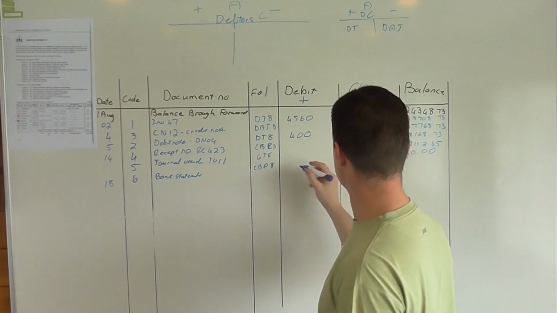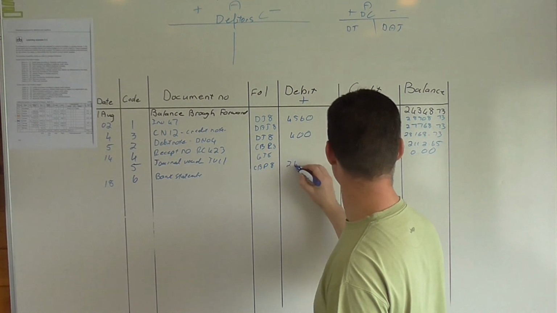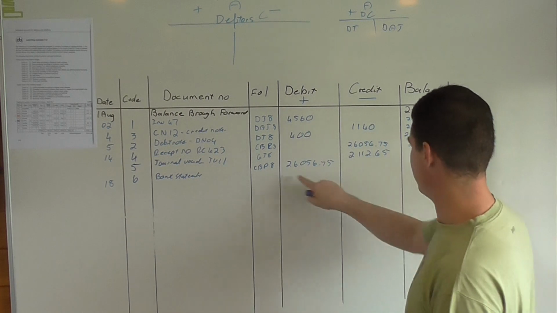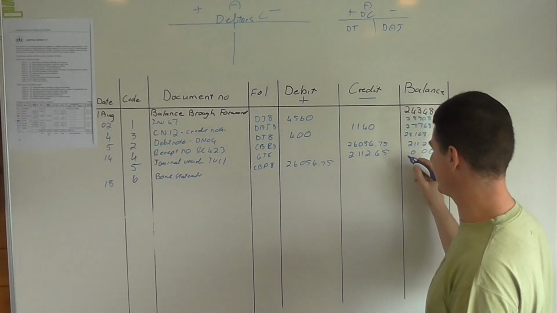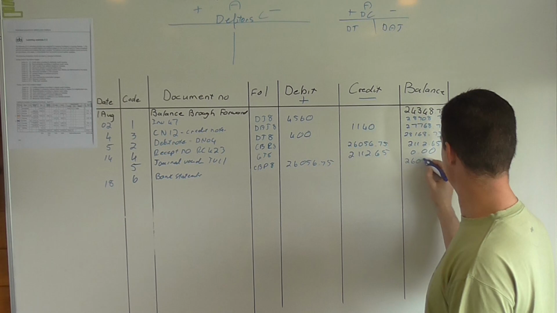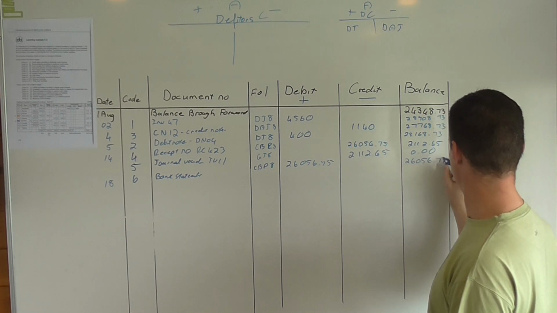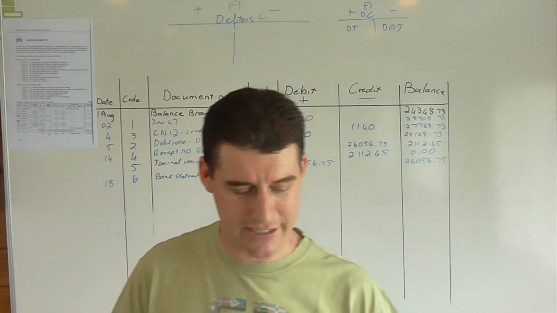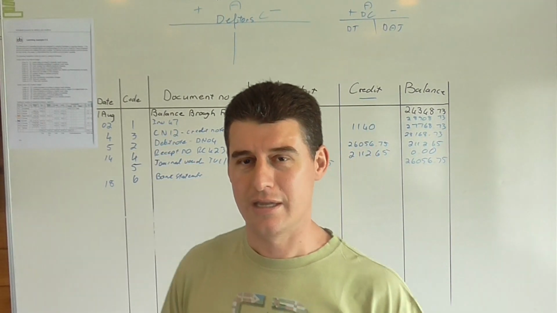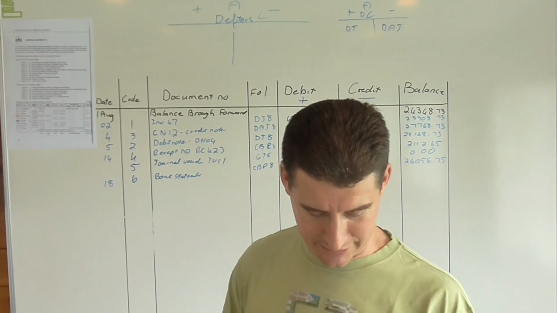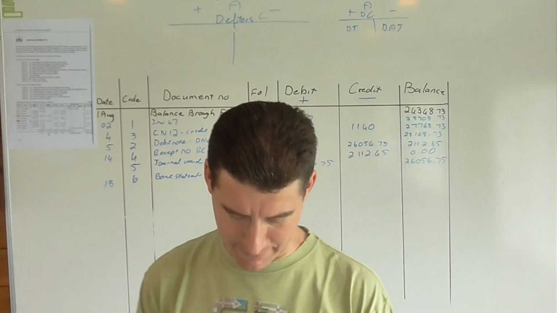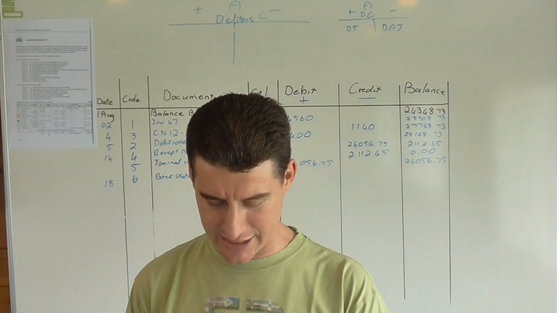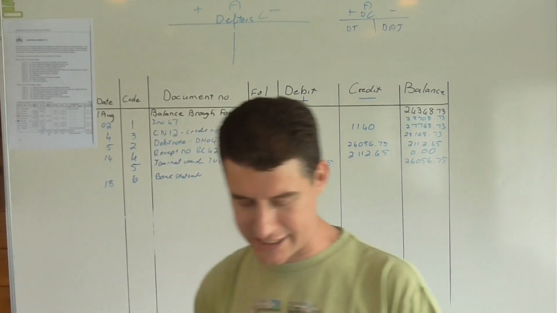Okay, so that amount then is 26056.75. So that'll be 0 plus 26056.75 gives you a total of 26056.75. But now remember, we gave him a prompt settlement discount, so that discount must also be cancelled. So that'll be code number 7. Code number 7 is discounts cancelled on RD checks.